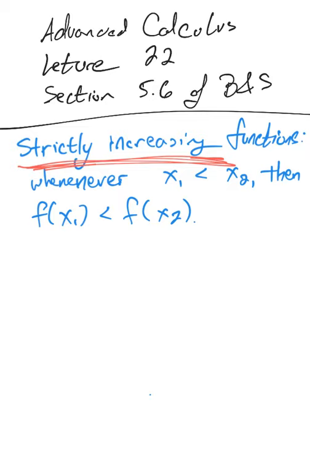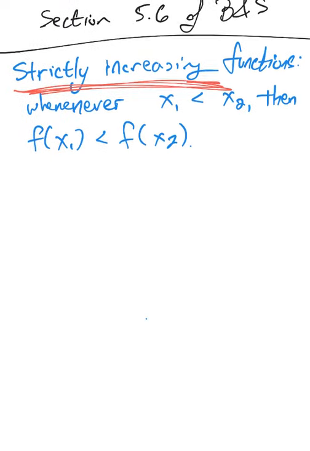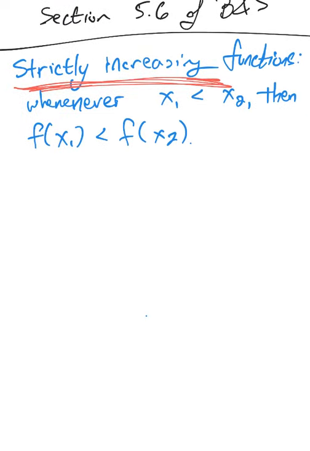And I hope it's obvious that any theorem we prove about strictly increasing functions, the analogous theorem will be true for strictly decreasing functions. So a function is monotone if it's one or the other. Well, strictly monotone, I guess we have to say.